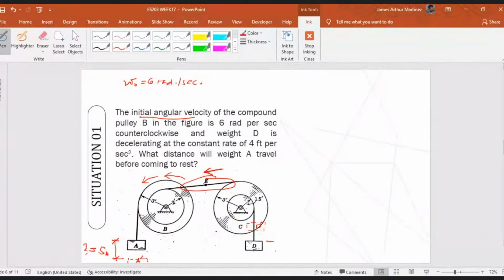Unsa man ni? Tapos, asa man na inyong kuan? Kani. Yes, sir. Sample lang na siya, sir. Pila ka copies niya? 4 copies, sir.